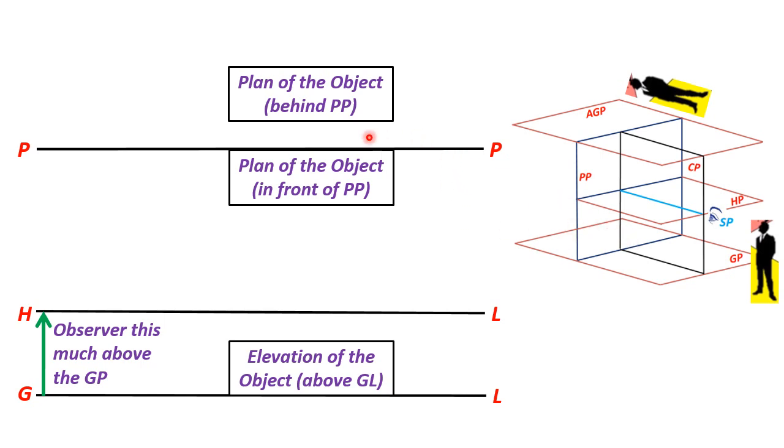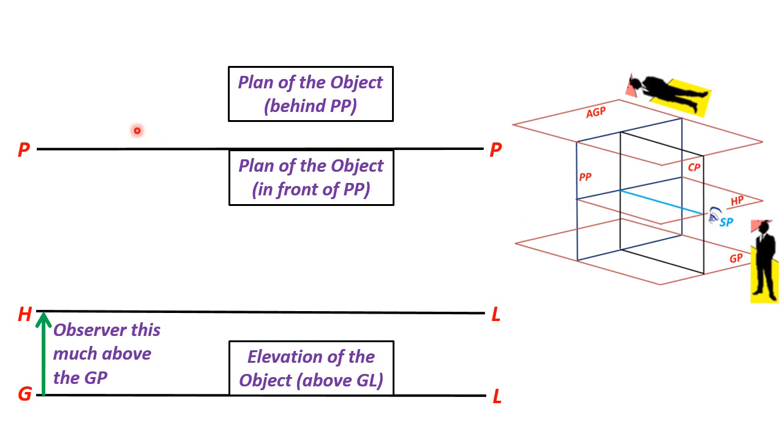Sometimes the object may be crossing the picture plane, so at that time your plan will be crossing the PP line.